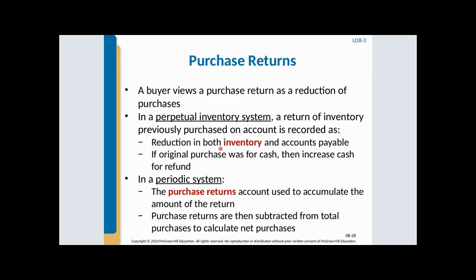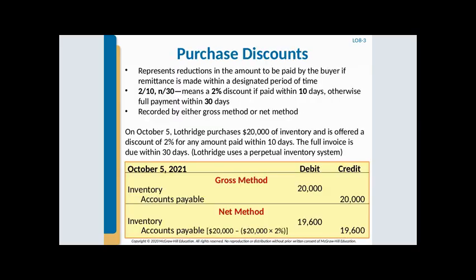I'm sorry, we're going to reduce our cost of goods sold under the perpetual inventory system. Under the periodic system, we're actually going to have an account called purchase returns, and that's going to reduce the amount of our purchases.